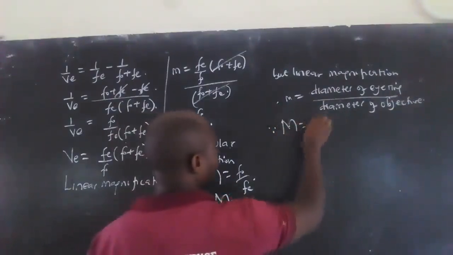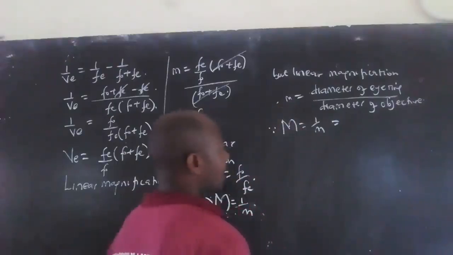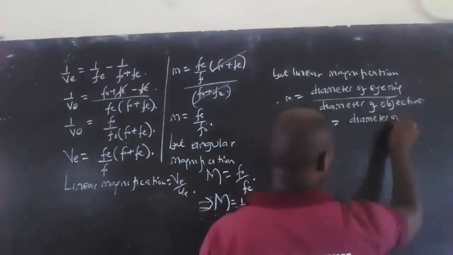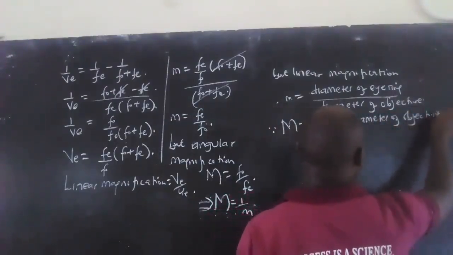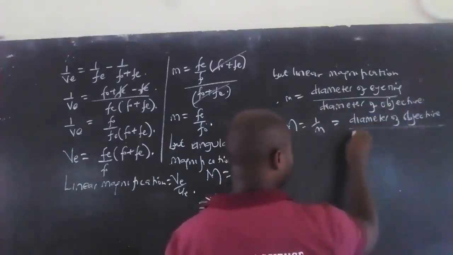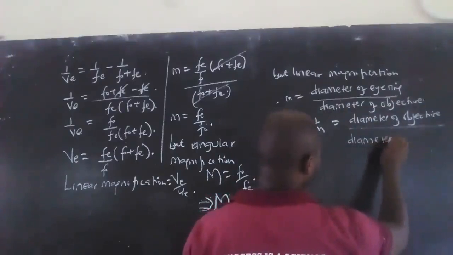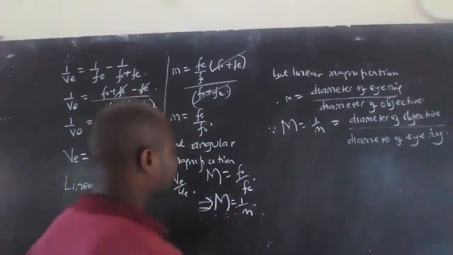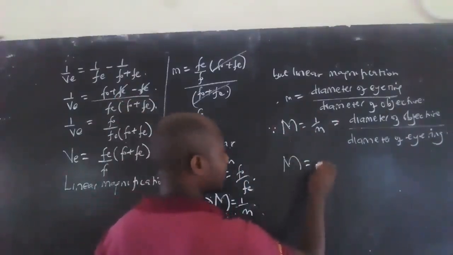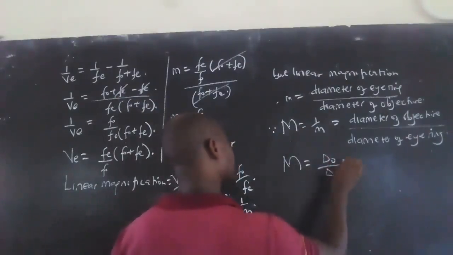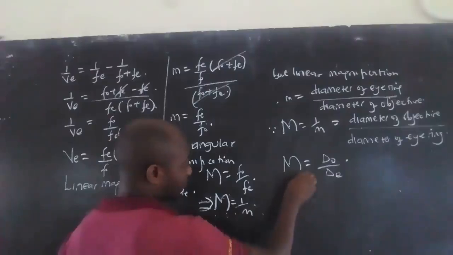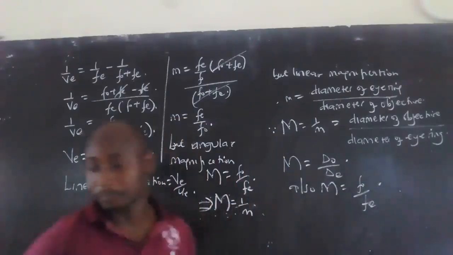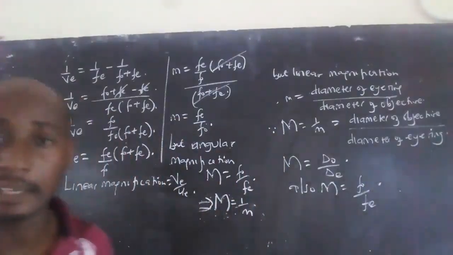Therefore, magnifying power is equal to 1 over m, which will now become diameter of objective divided by diameter of eye ring. Okay? So that means magnifying power we can simply say is dO over dE. But also magnifying power is equal to F naught over FE. Then from there, we can go ahead and look at examples.